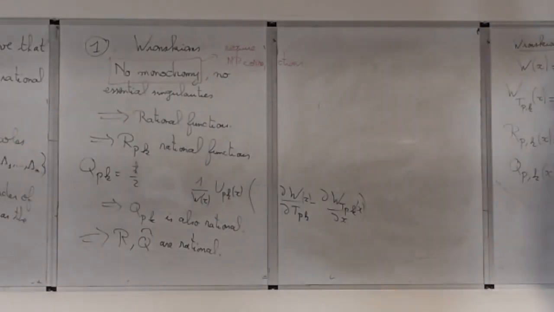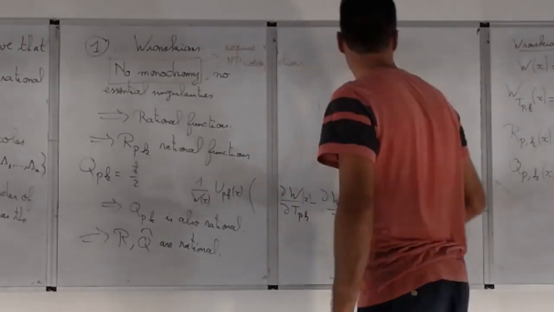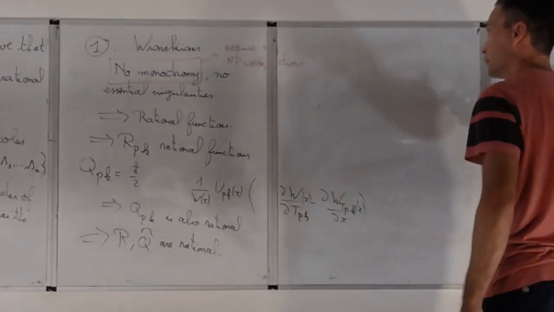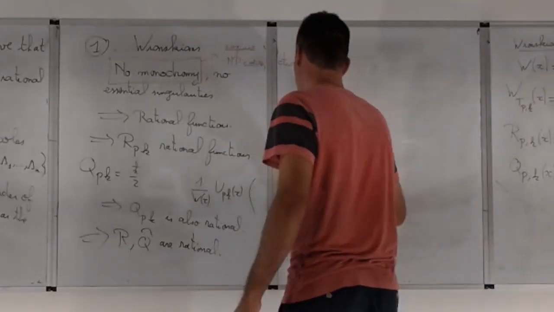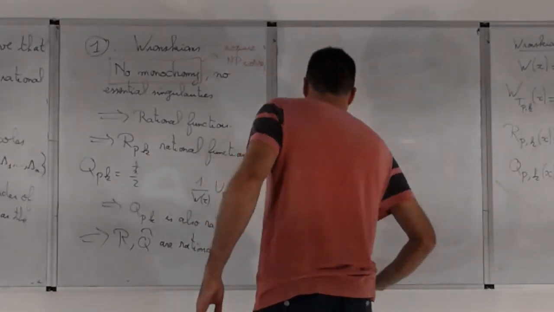Okay, and again, I stress the monodromy argument requires the non-perturbative correction. Otherwise, it doesn't work. So step 2.